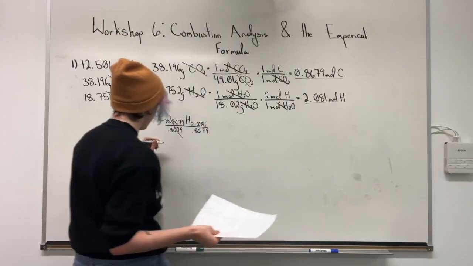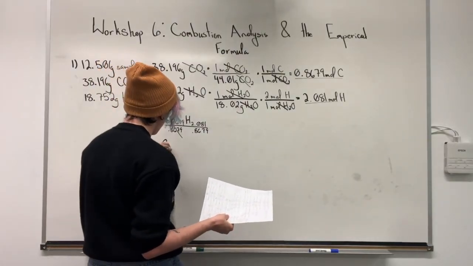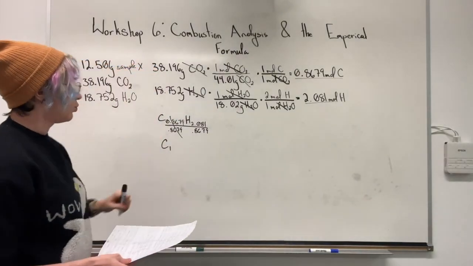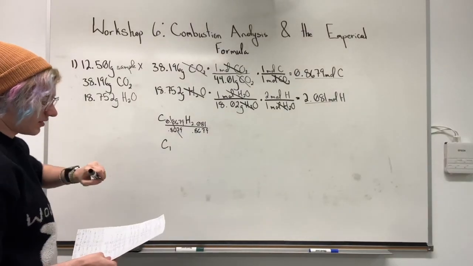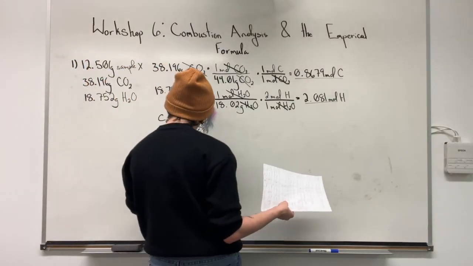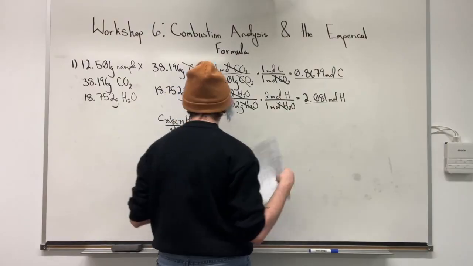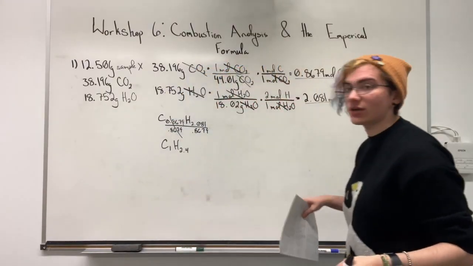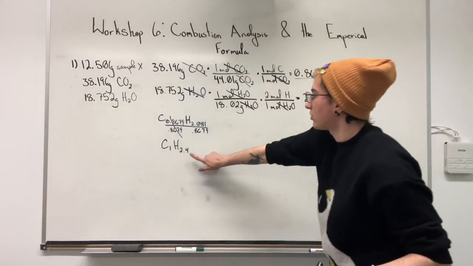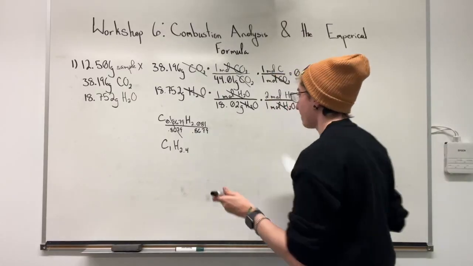The number we're divided by itself is just 1, so we have 1 carbon. 2.081 divided by 0.8679 is 2.4. We do not get a clean decimal that we can round up or round down, so now we have to look at our decimal and know what to multiply by.